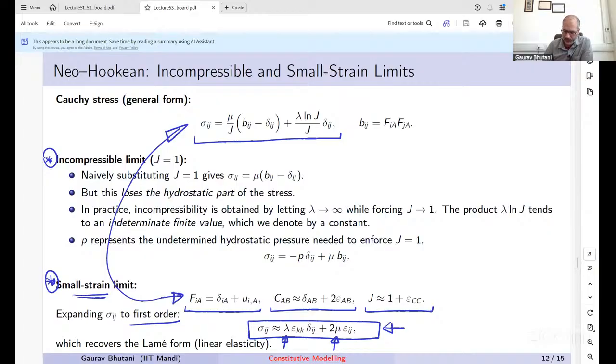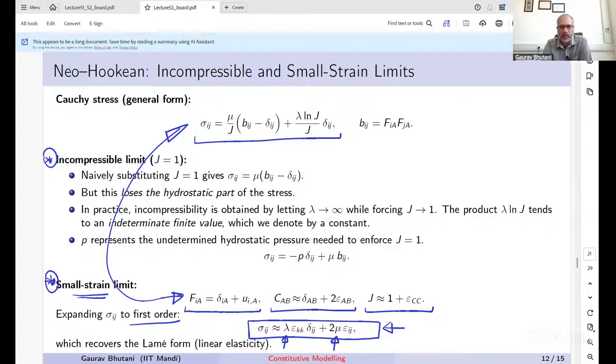Similarly, C is approximated as delta_AB plus twice epsilon_AB, and the Jacobian in the first order approximation is 1 plus epsilon_cc. So we are still keeping the first order terms, the error terms. I mean, there are situations where you might see that J is approximated to 1. That is when you ignore the error terms completely.